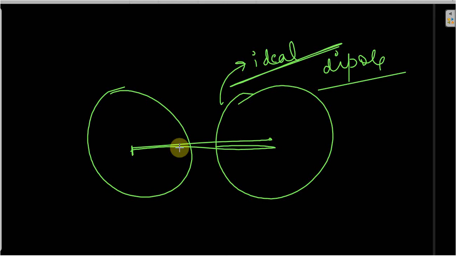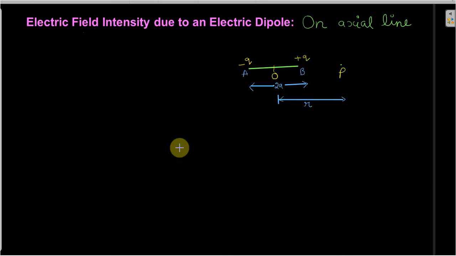Next we will derive the electric field intensity due to an electric dipole on the axial line. So we will derive the relation for electric field intensity on the x-axis. You can see here I have two charges, one is minus q and the other is positive q, forming a dipole, and the distance between the two charges is 2a.